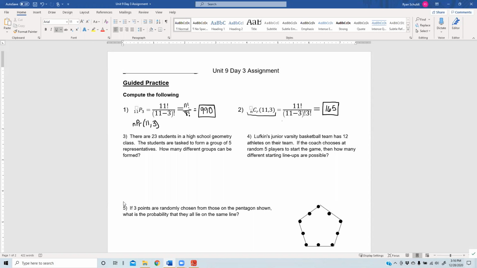Okay, number 3. There are 23 students in a high school geometry class, and they are tasked to form a group of 5 representatives. How many different groups can be formed? Well, let's see. We're just forming a group. That's all we're doing. So does order matter? No, order does not matter.